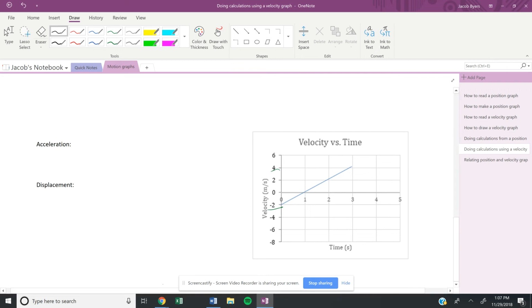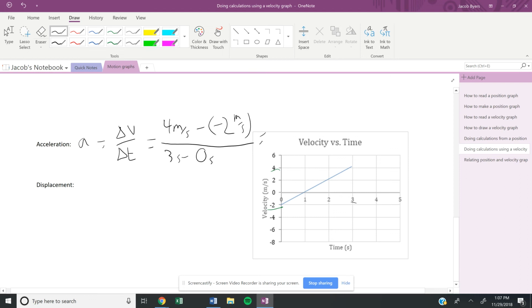Okay, so my acceleration we said is equal to my change in velocity over my change in time, or my slope here. So to find my slope, my final velocity is 4 meters per second. My initial velocity was negative 2 meters per second. Okay, keep track of those negatives. My final time here is 3 seconds. My initial time was 0 seconds.